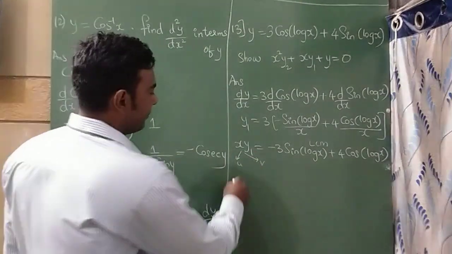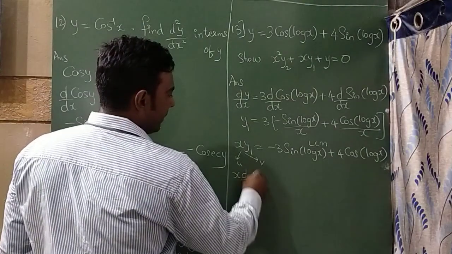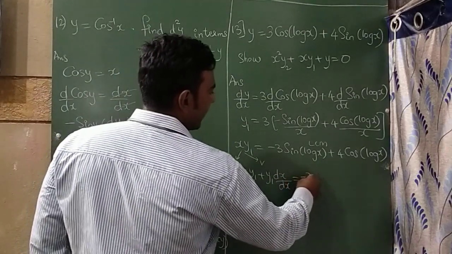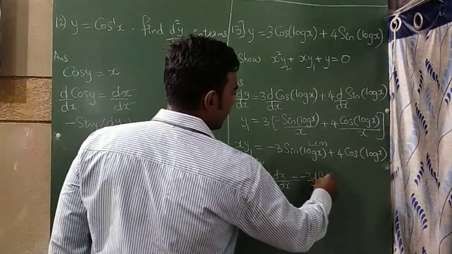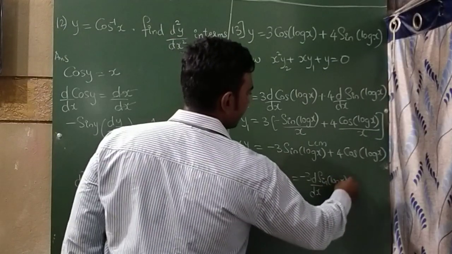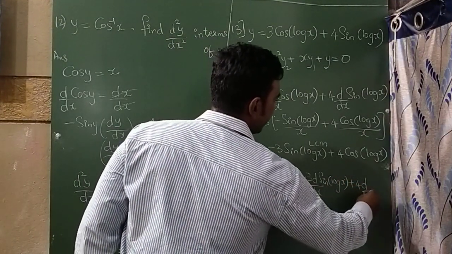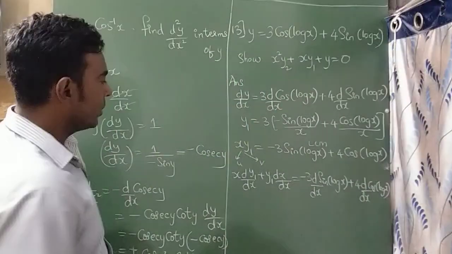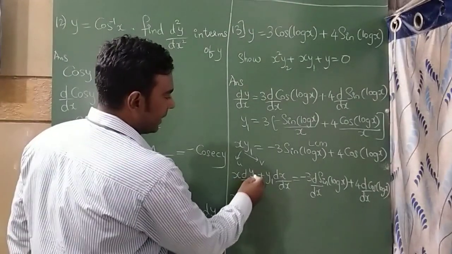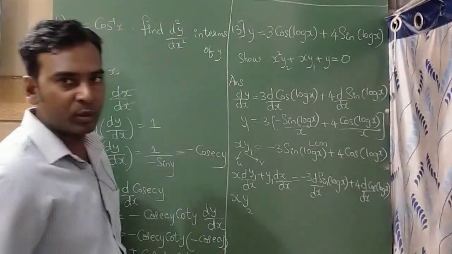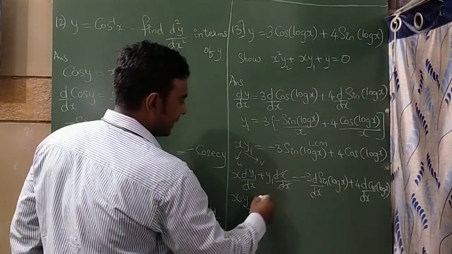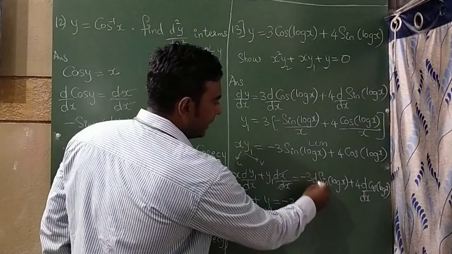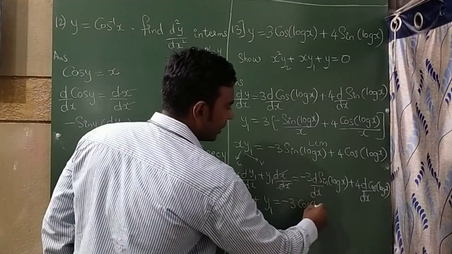So by product rule, x d by dx of y1 plus y1 dx upon dx, minus 3 d by dx of sin log x plus 4 d by dx of cos log x. Okay, so here I am going to write x d by dx of y1 will become y2. Fine, dx gets cancelled, so you are left with y1 is equal to minus 3 d by dx of sin, which is cos log x.